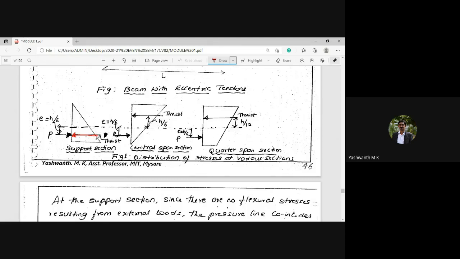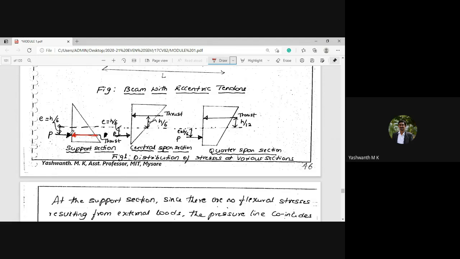Here the pressure line and the central axis of the steel, that means the resultant force which is acting through the pressure line or thrust line or the C line, is coinciding with the pre-stressing force or central axis of the steel. So please note down, I will repeat once again.